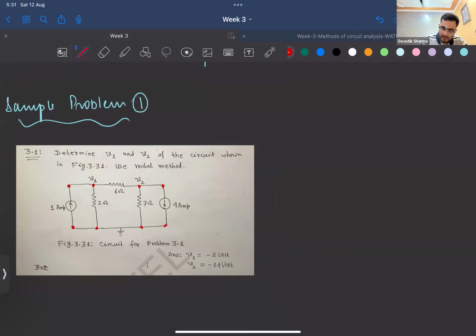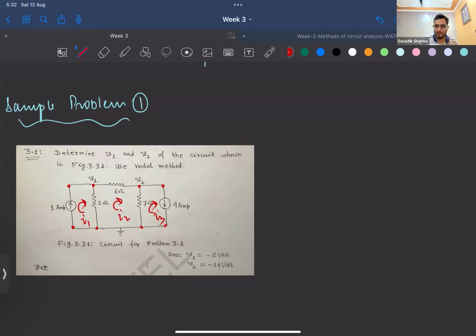So let's write the values for all of those meshes. This is one mesh, this is the second mesh, and this is the third mesh. Let us call this I1, this I2, and this I3, right?